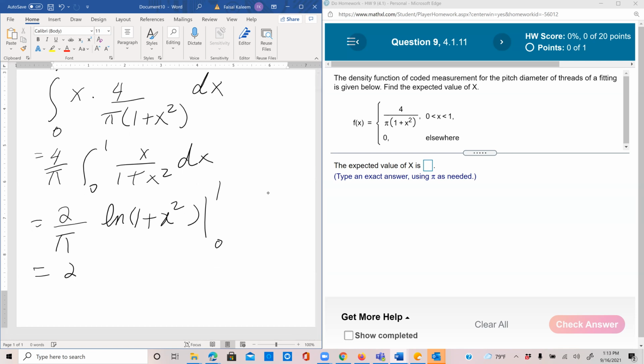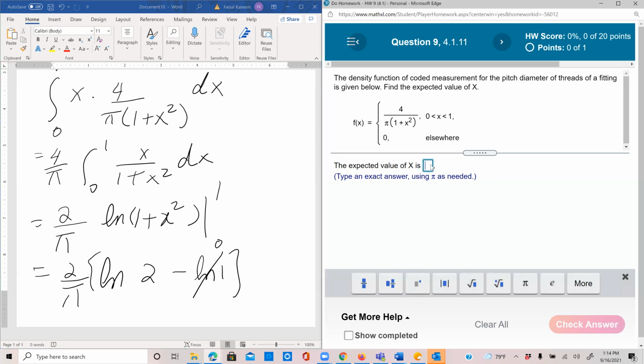And this would be 2 over pi ln of 2 minus ln of 1. ln of 1 is 0, so it's just 2 over pi ln 2.